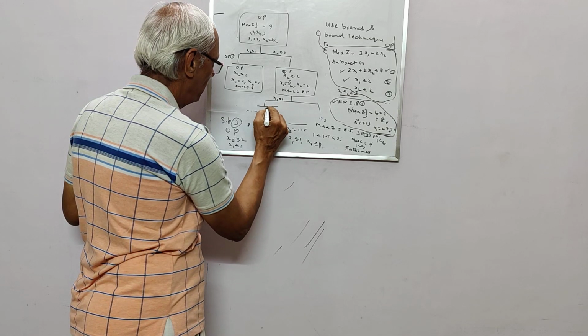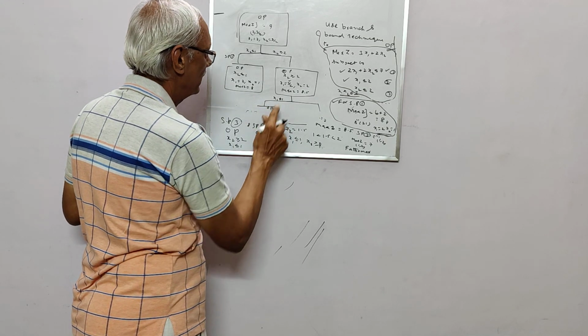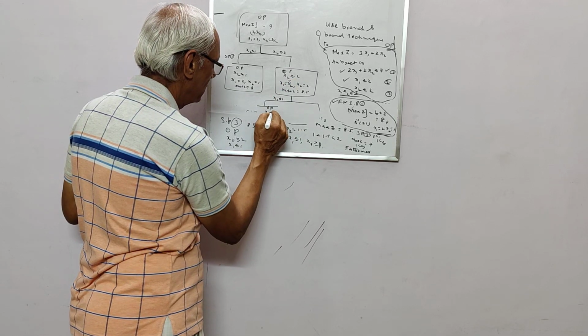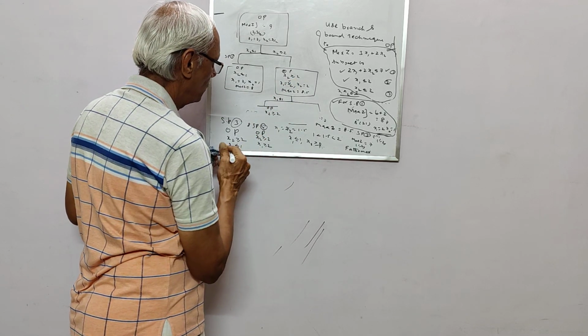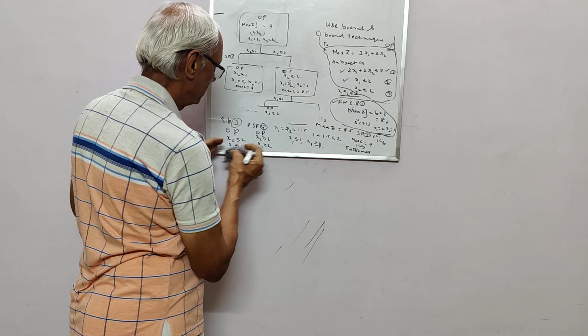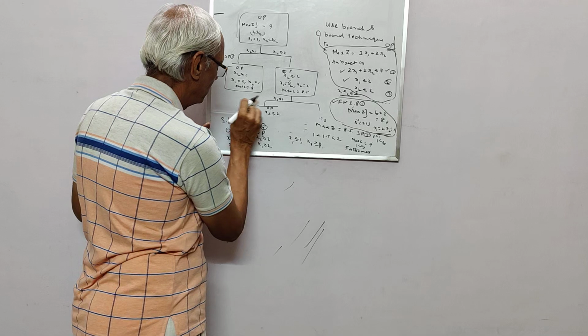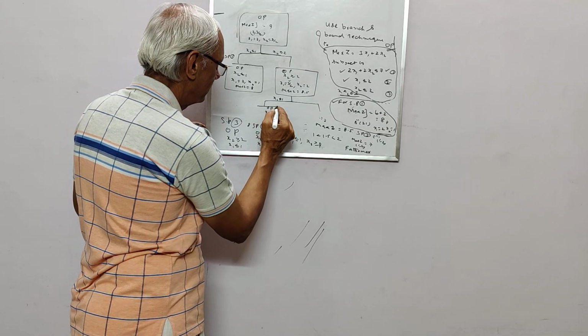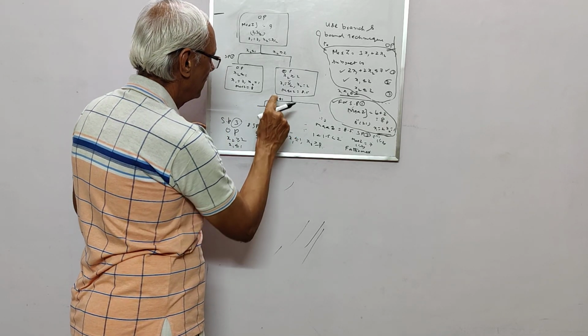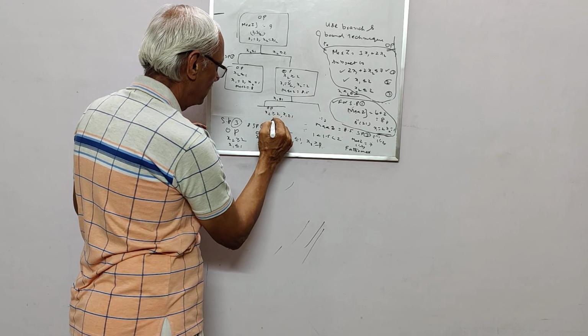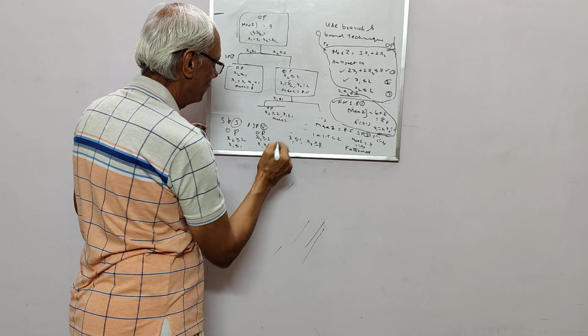So this is your problem: original problem, then x2 greater than or equal to 2, and x1 is less than or equal to 1, max of z.